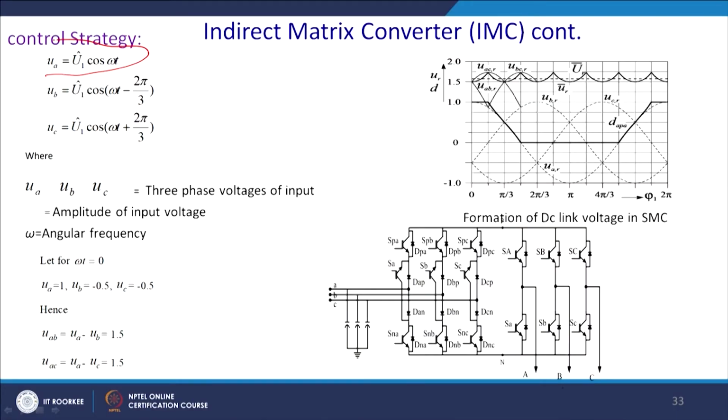So, for this reason you can see that this is basically the control signal for phase 1, that is UA cos omega t. This has a 120 degree phase shift. UA, UB, UC are the 3 phase voltages, with the amplitude of the input voltage.